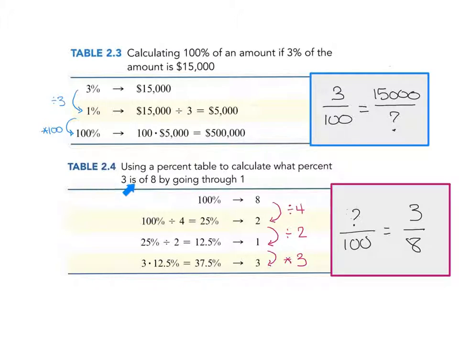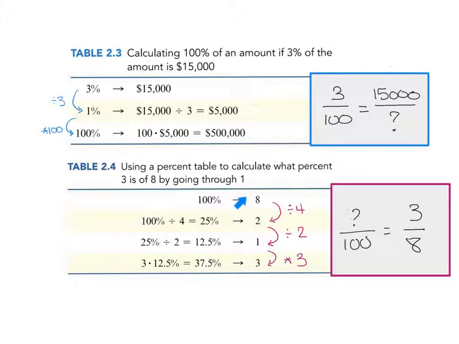On the next one, we're using a percent table to calculate what percent 3 is out of 8. So what percent is 3 out of 8? Well, that means we know that 100% goes with the 8. And for this one, it might be easier to take the number piece, get it to go to 1, and then calculate the percent.